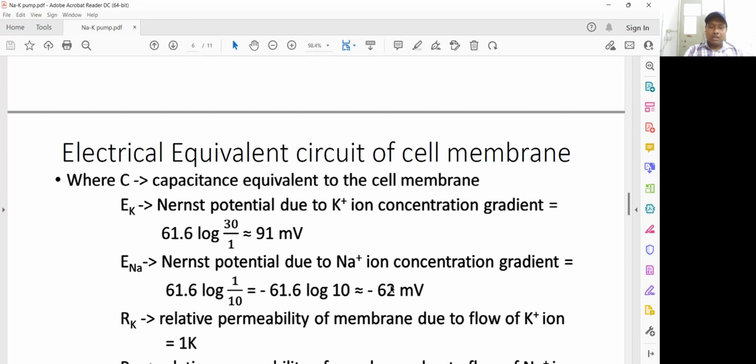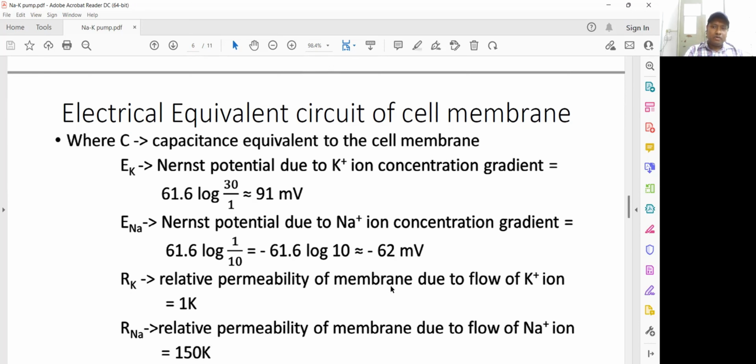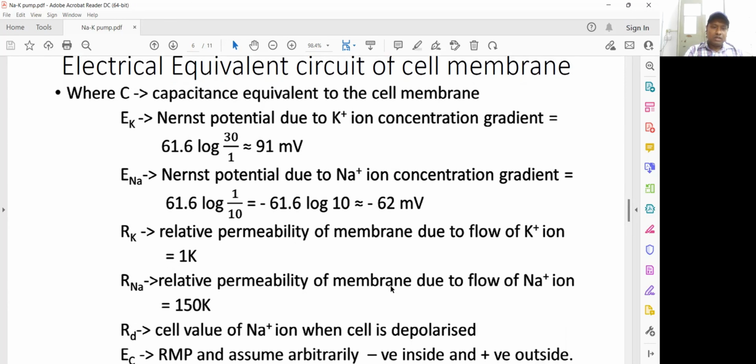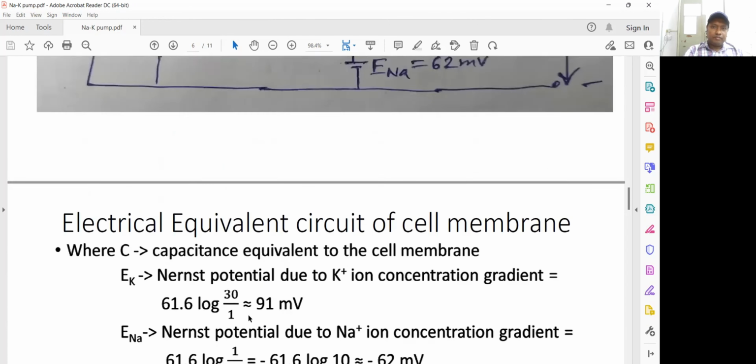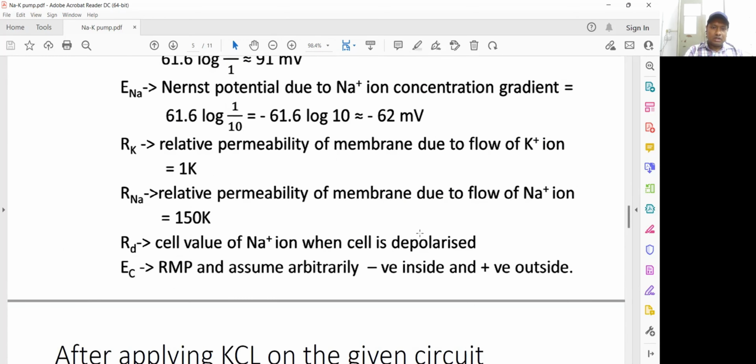Now RK is the relative permeability of the membrane due to the flow of potassium ion, which is equal to 1 kilo ohm. RNA is the relative permeability of the membrane due to flow of sodium ion, which is 150 kilo ohm. And RD, there was some RD. Let us see what this RD is equal to.